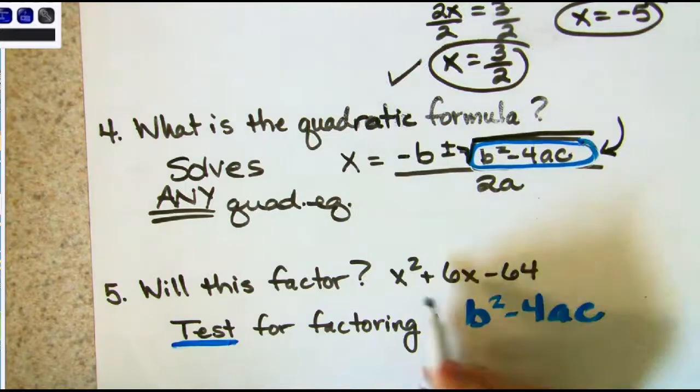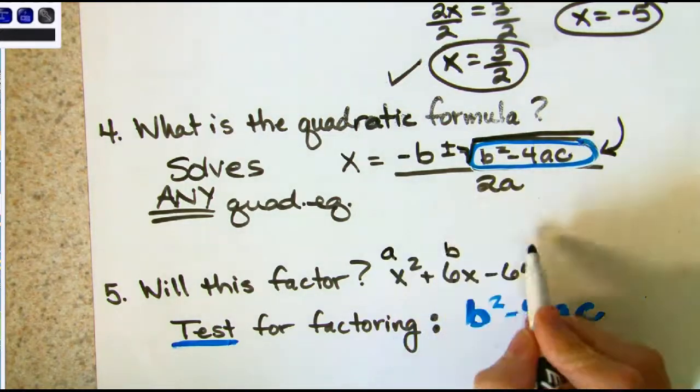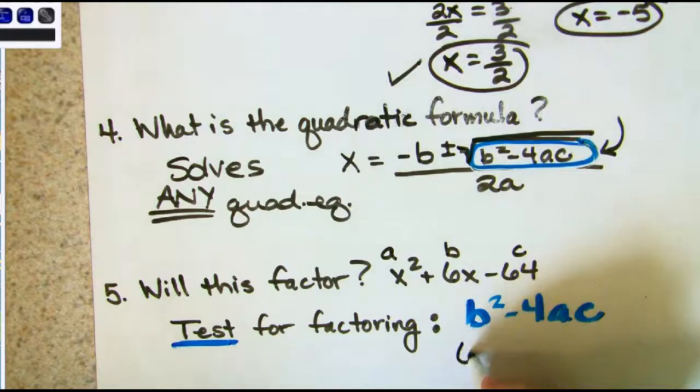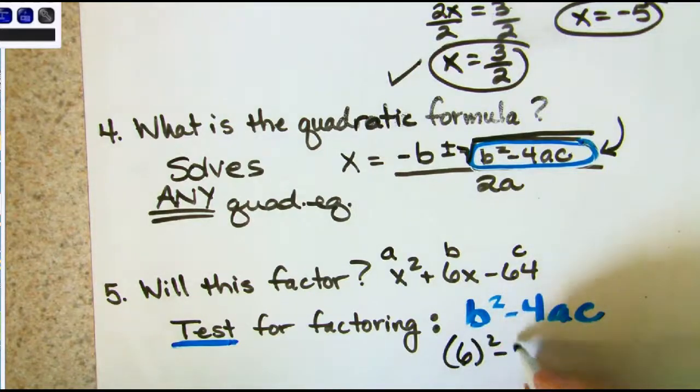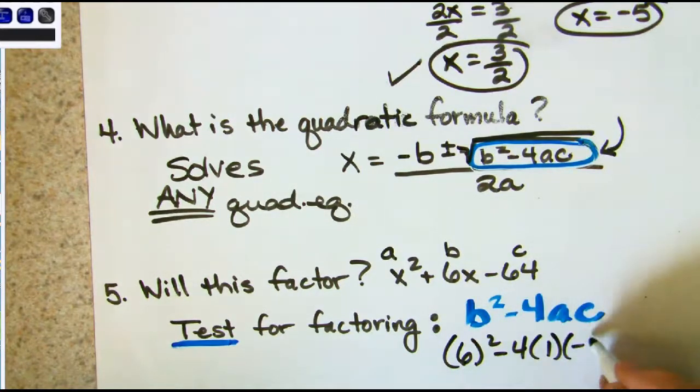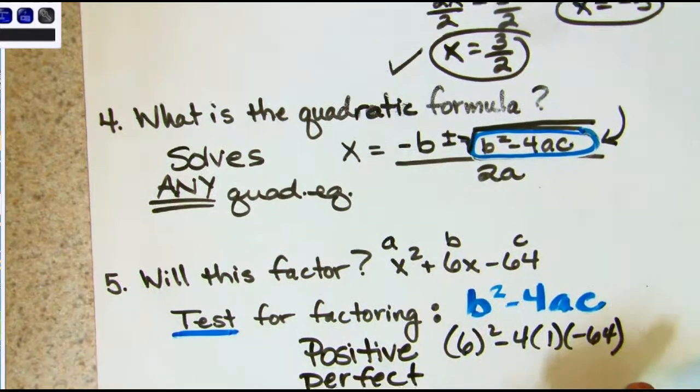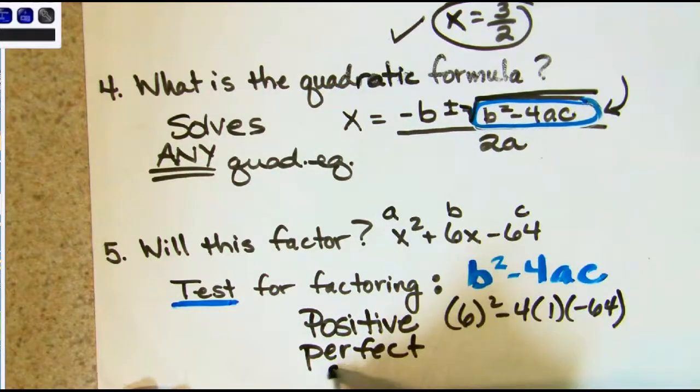So, for example, this is A, this is B, this is C. So I am supposed to say 6 squared minus 4 times 1 times C. Now, if this comes out to be a positive perfect square, then it will factor. Okay, so if it is a positive perfect square, then this will be able to factor.